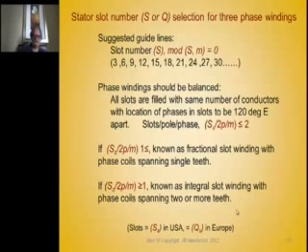So a fractional slot winding usually has the coils spanning a single tooth, or maybe 2 teeth, or maybe even more. Fractional slot winding can even have a coil spanning more than 2 teeth.